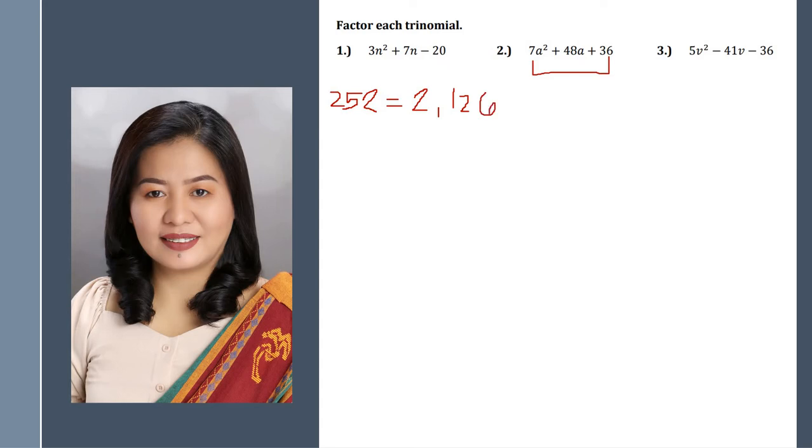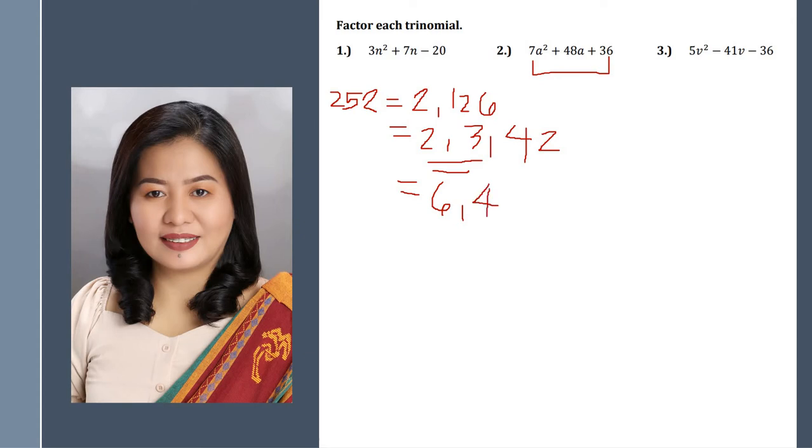Then 126 can still be factored to 2 and 63, and that's 3, 3. So 42, that's very close already. 42 and this is 6. So 6 and 42, that's actually equal to 48. So the factors that we are looking for are 6 and 42.